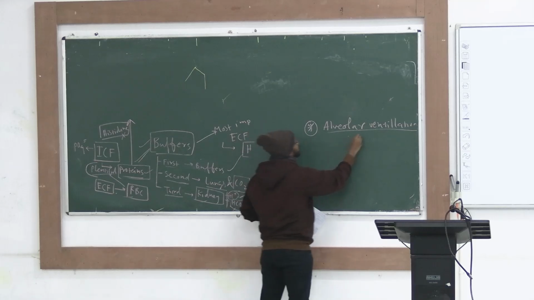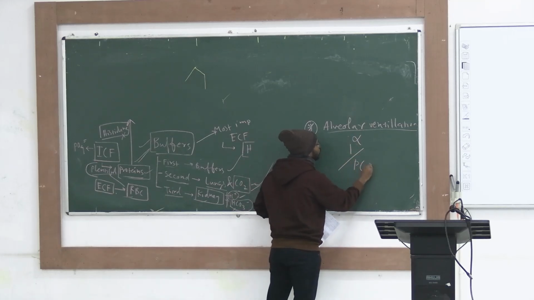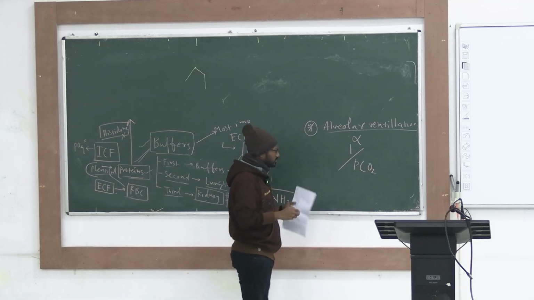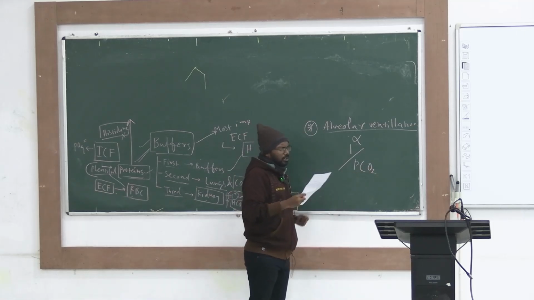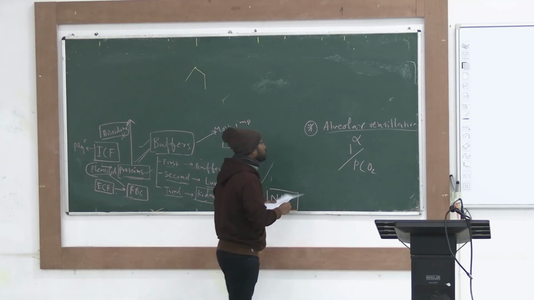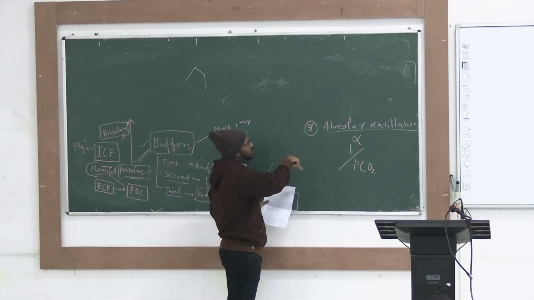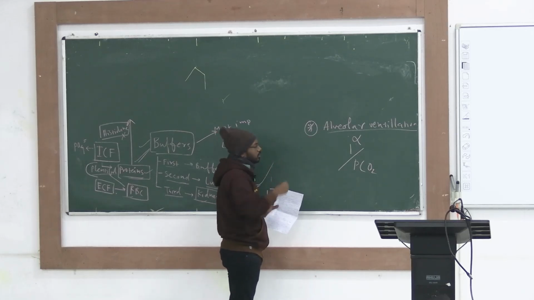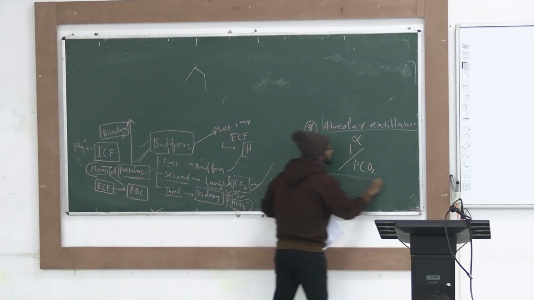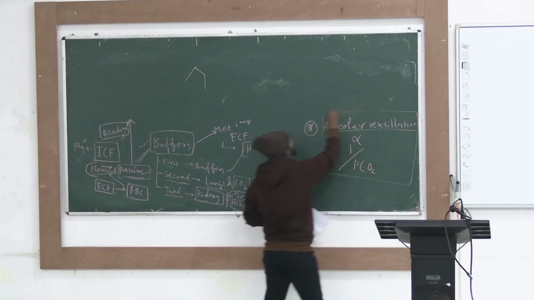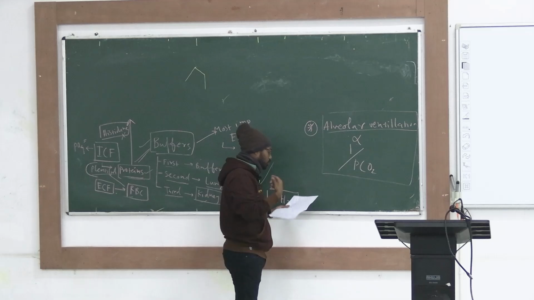So alveolar ventilation is inversely proportional to PCO2, or the CO2 present in our body. The higher the PCO2, the lower the ventilation. So that is the relation, and by this principle, the pH is maintained by your lungs.